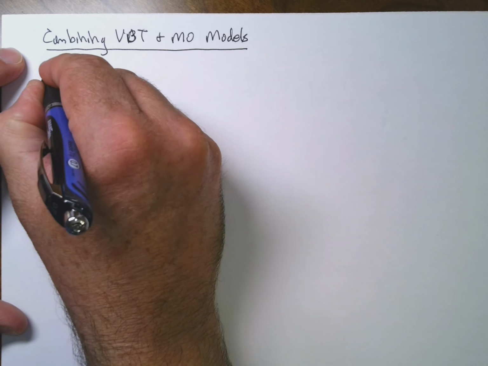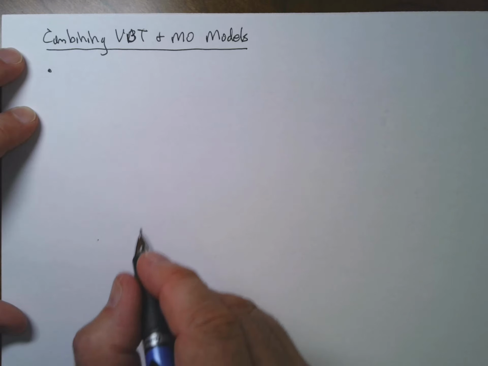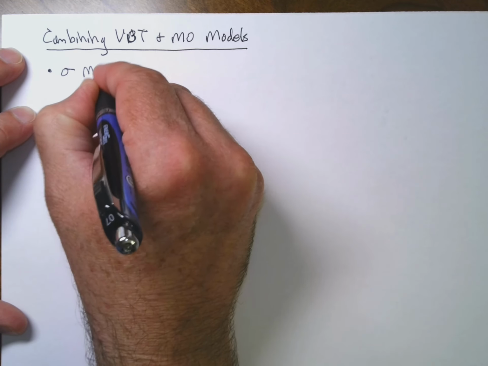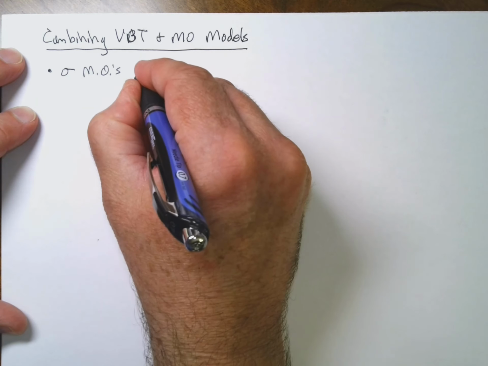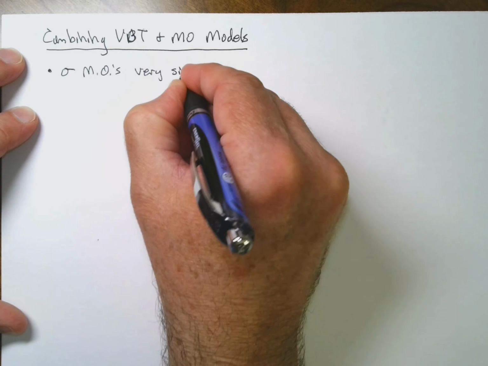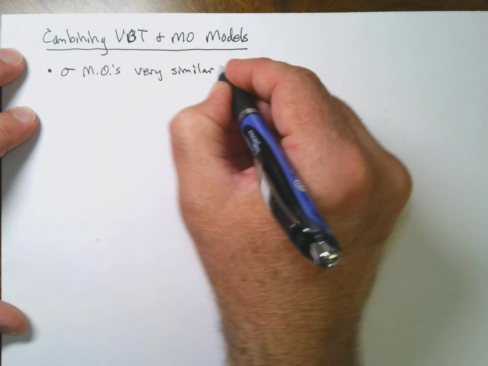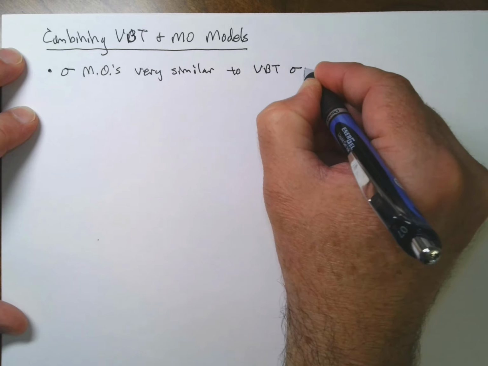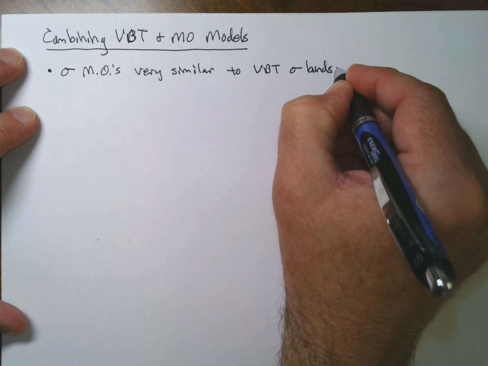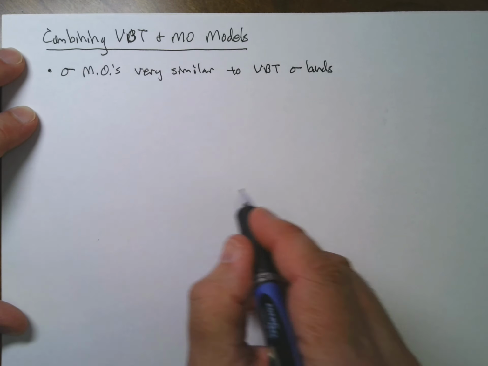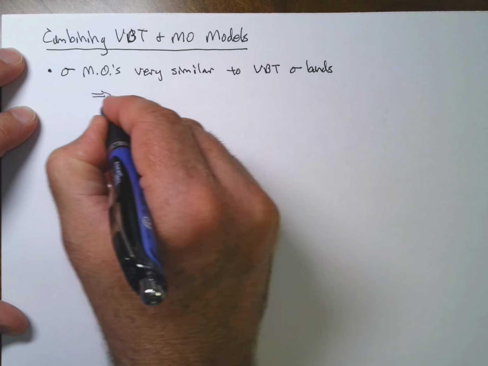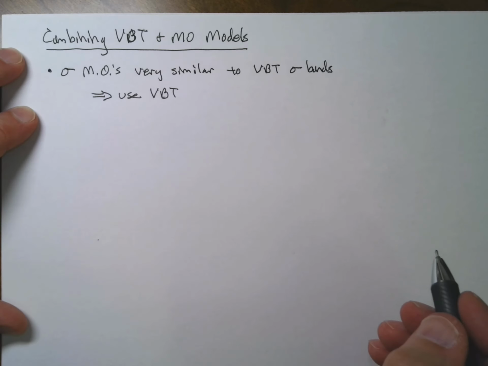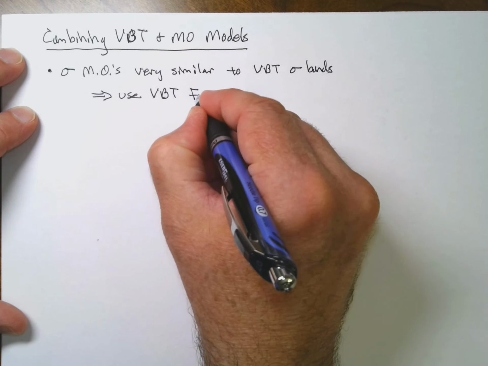So one thing to note is that the sigma molecular orbitals are very similar to the valence bond theory sigma bonds. So what that means is we'll use valence bond theory and hybrid atomic orbitals for sigma bonding.